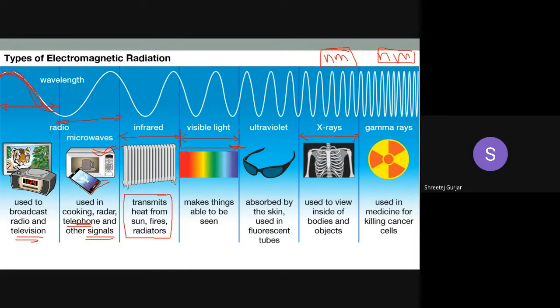All these other waves, radio waves, microwaves, infrared, ultraviolet, X-rays, are not visible to our eyes. Can you see radio waves which are transmitted through the towers? No, right? Only this part of the entire spectrum is visible to us.